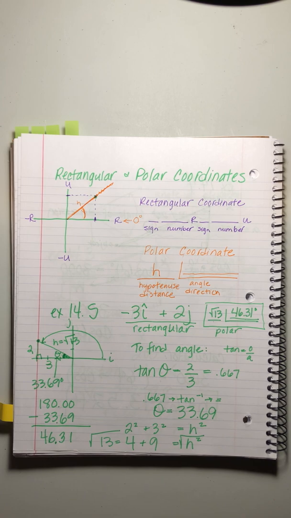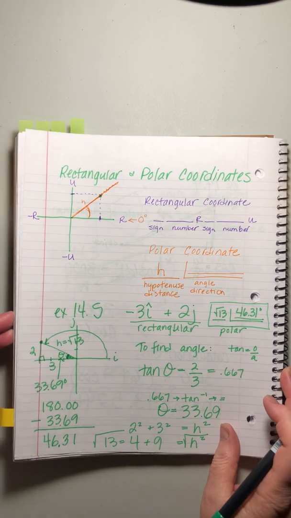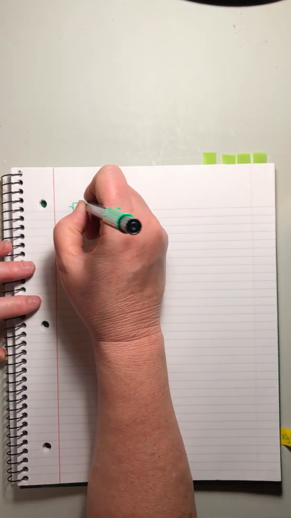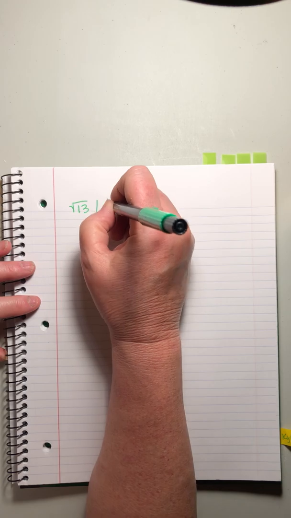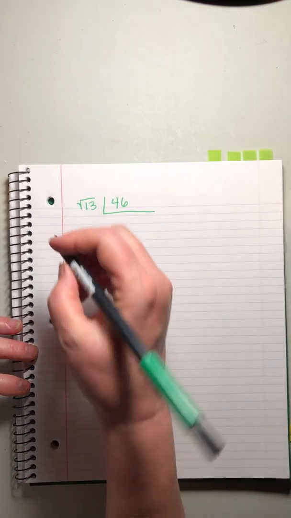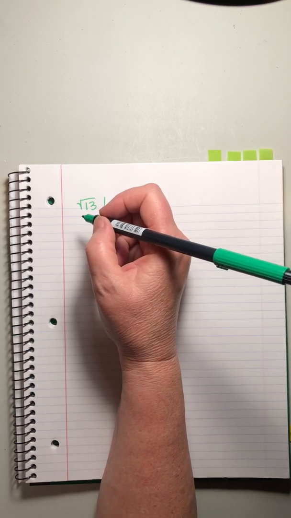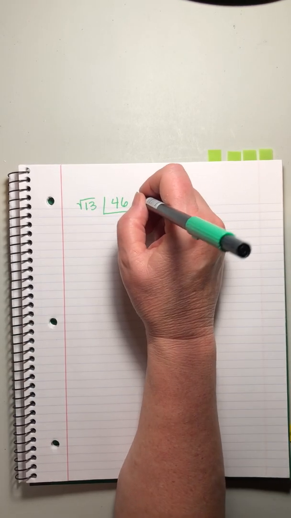All right, but John says he wants us to find 4 forms of the answer. So how could we do that? Let me flip to my next page. Oh, just a second.